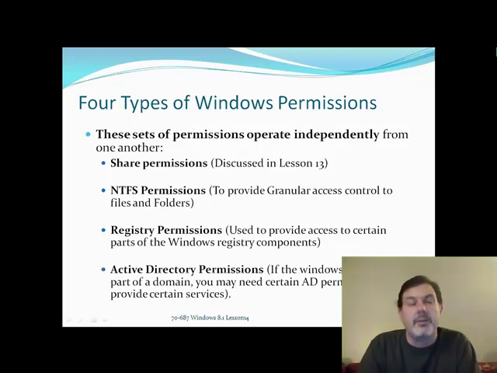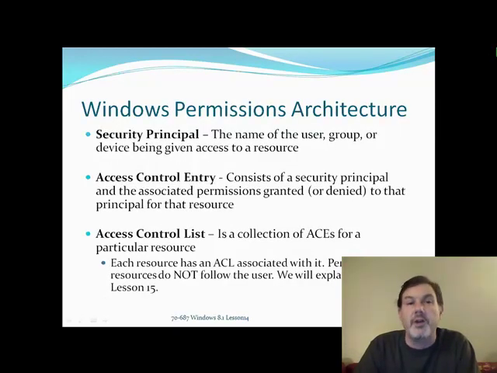This is something we'll get into more when we start talking about Server 2012 R2 and using domain controllers, and how Active Directory permissions allow users access to the Active Directory tree, both as a means of reading the Active Directory tree for a standard user as well as administering the Active Directory tree and organizational units, particularly within an Active Directory tree, as an administrator for a domain. So these are the 4 different types of Windows permissions that we use in our environments. Today we're going to focus on NTFS permissions.